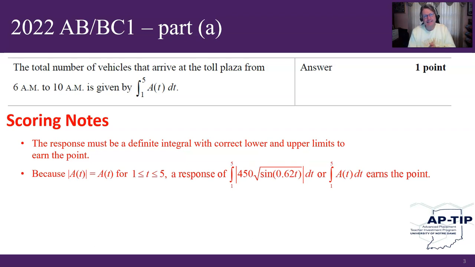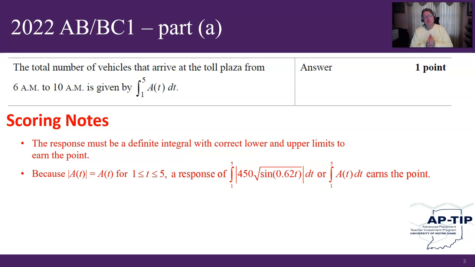Secondly, and it's not super common that a student would do this, but I understand sometimes the student is so concerned about integrating the absolute value of a rate, because we know that the integration of the absolute value of velocity is going to give the total distance traveled.